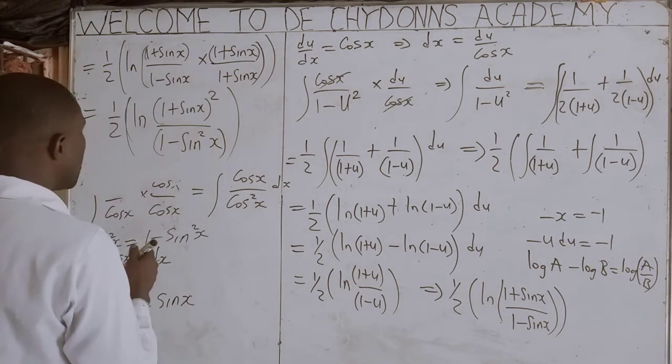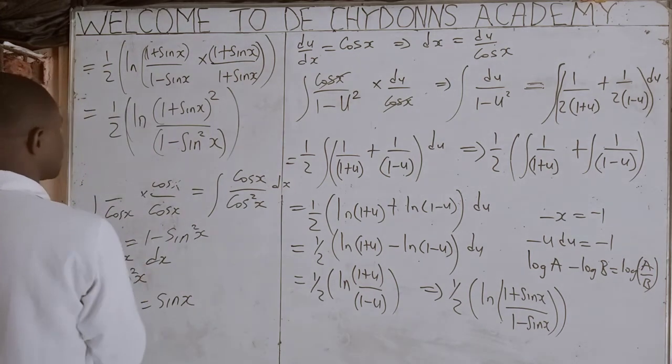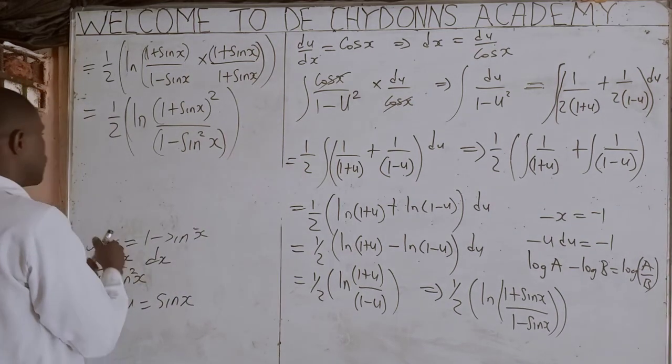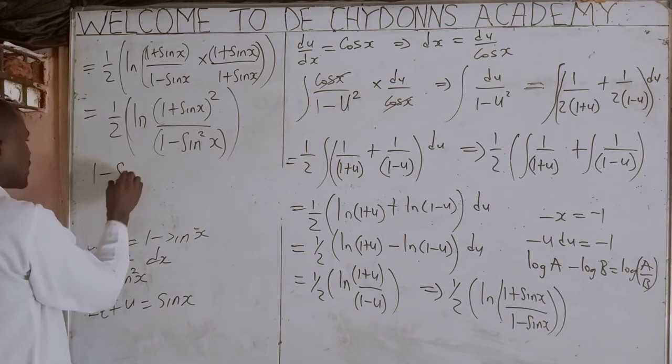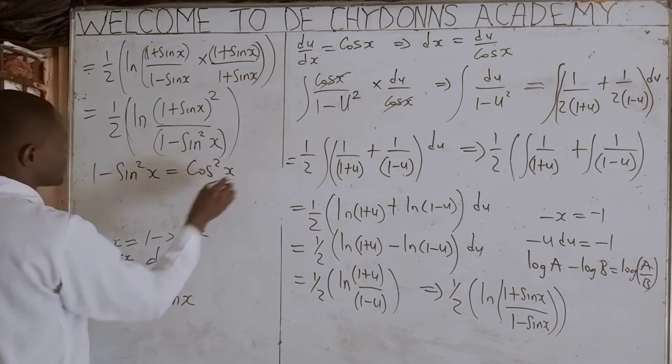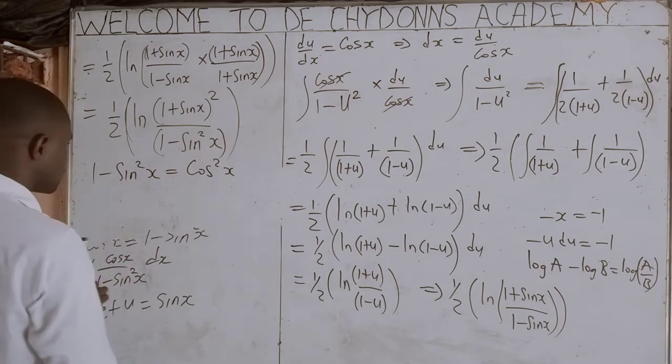From trigonometry, we know that 1 minus sine squared x is equal to cos squared x. We plug it here.